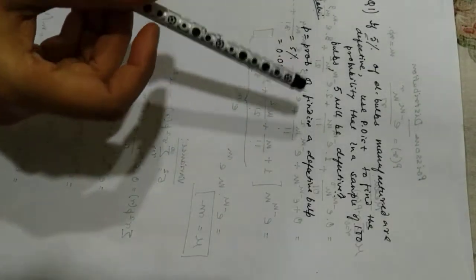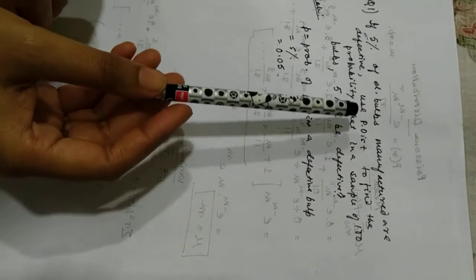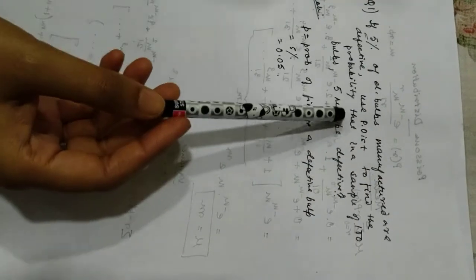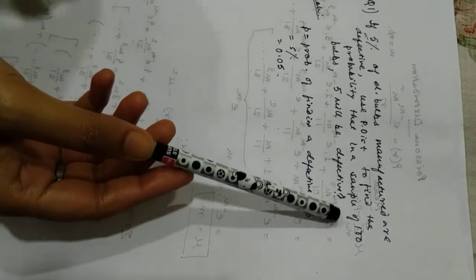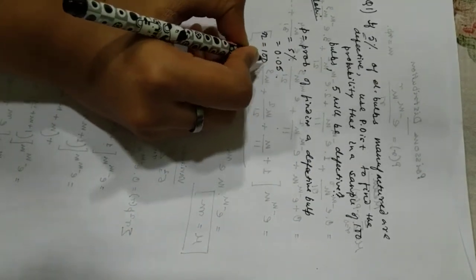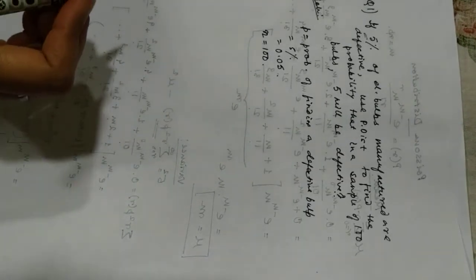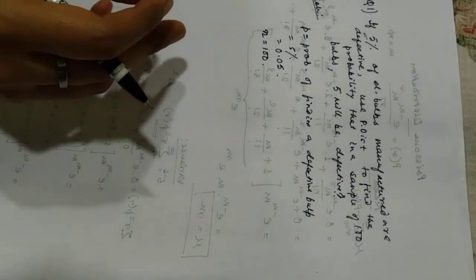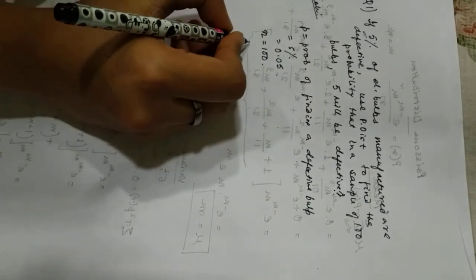It is already given that our number of trials is 100, in a sample of 100 bulbs, 5 will be defective. So it is also said to use Poisson distribution.